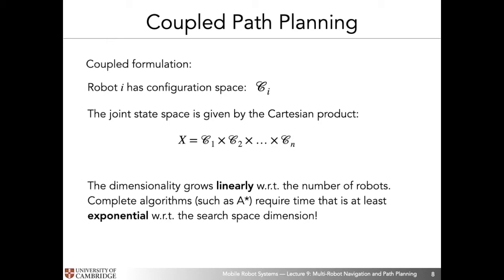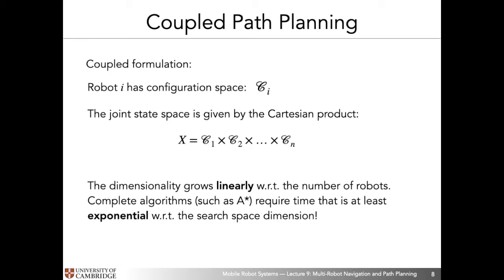So let's assume that robot i has a configuration space, C sub i, and a joint state space then, when multiple robots share their workspaces, is given by the Cartesian product of all n robots in a system, such that I have this joint state space X, right?